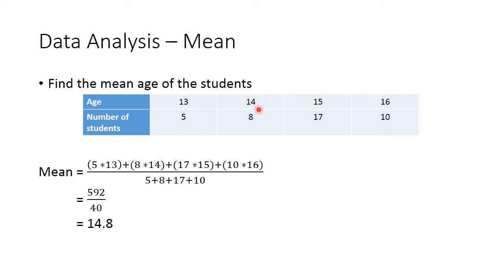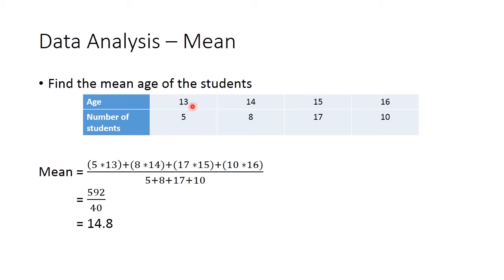If I go to the next column, I have age 14 and number of students 8. It's as good as saying that there are 8 students of age 14, and so on, pair by pair or column by column. Once you can visualize or understand the table, then it starts to make sense.